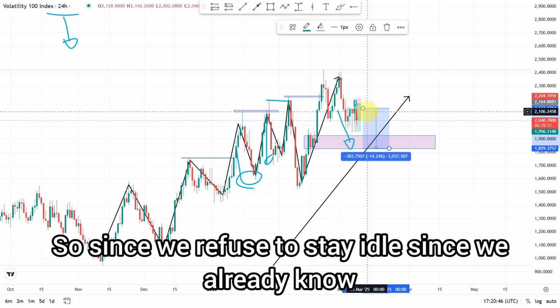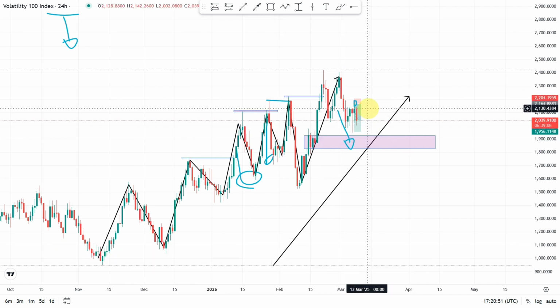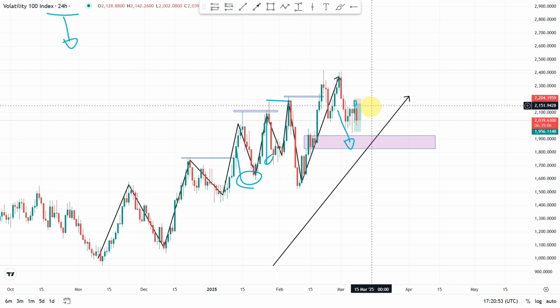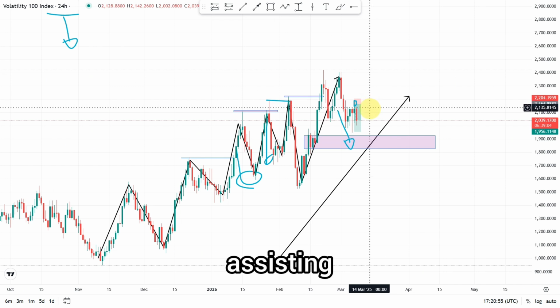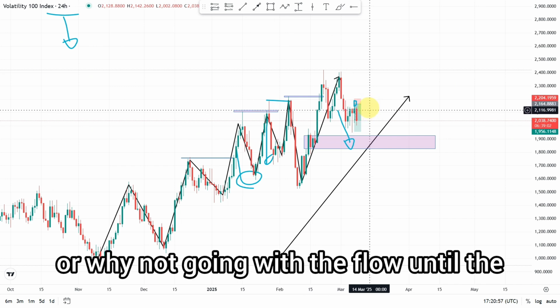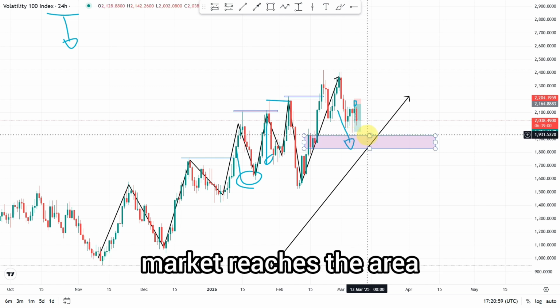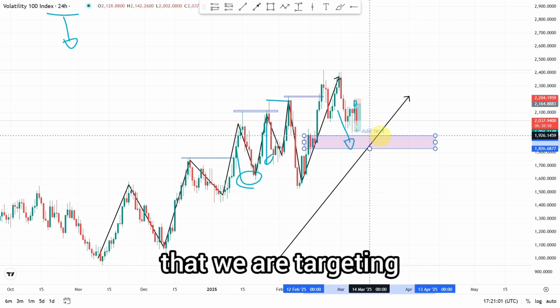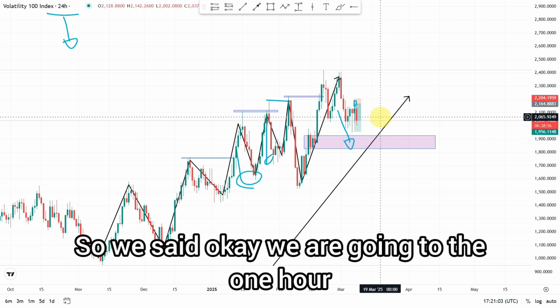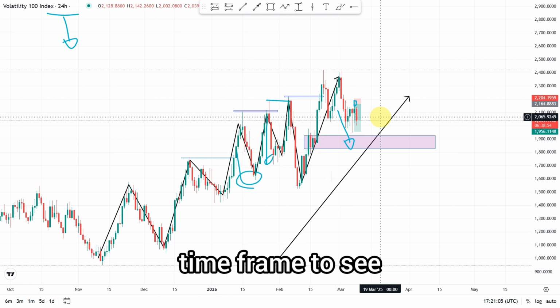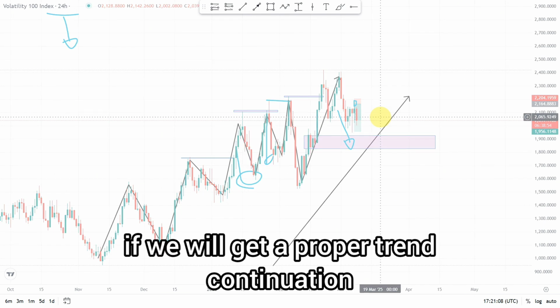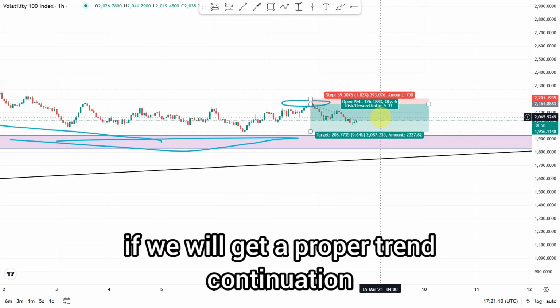So since we refuse to stay idle, since we already know where the market is going, why not go with the flow until the market reaches the area that we are targeting? So we said, okay, we are going to the 1 hour time frame to see if we will get a proper trend continuation.